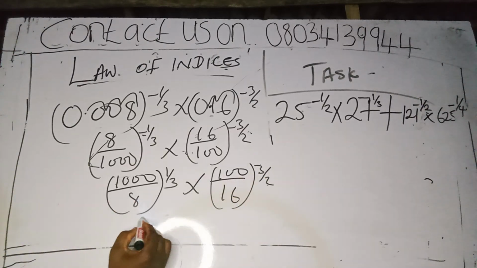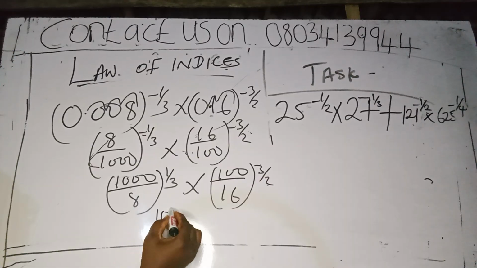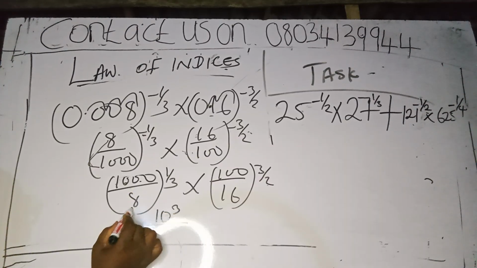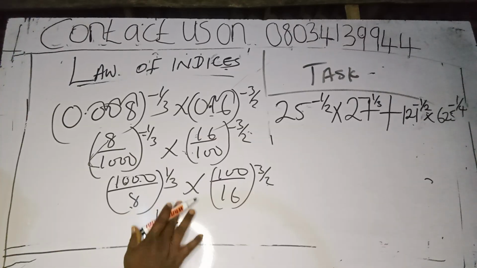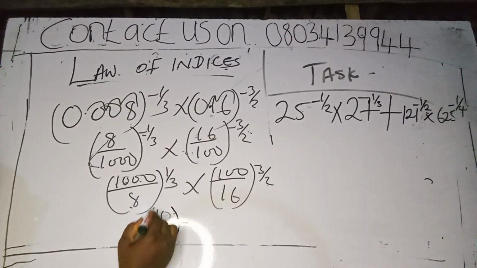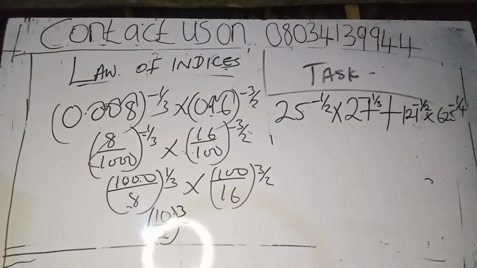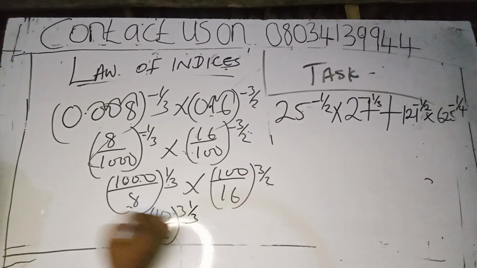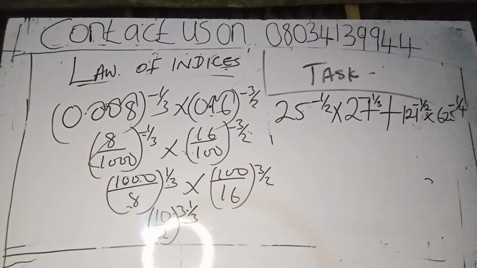Then this is the same thing as 10 raised to the power of 3 over 2 raised to power of 3, which I can express both of them as a single fraction. Now remember, it is still raised to the power of 1 over 3 times 1 over 3.